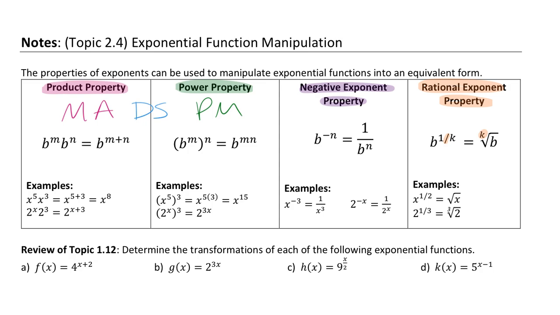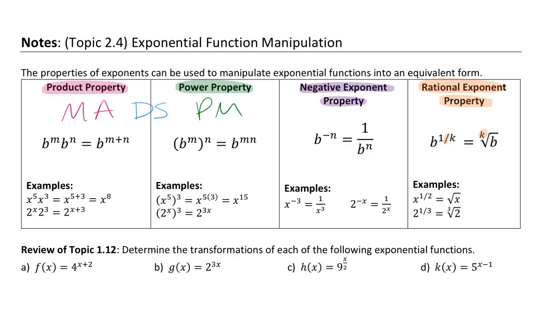This will make sense why, when those of you on the Gimkit we played just before this asked me 16 to the 1/2, I said, oh, that's just square root, 4. Because if it's 16 to the 1/2, that's 2 as the index of the root. That's a square root. So x to the 1/2 power is square root x. 2 to the 1/3 power is cube root of 2. Whatever that denominator of the power is, that's the index of the root.